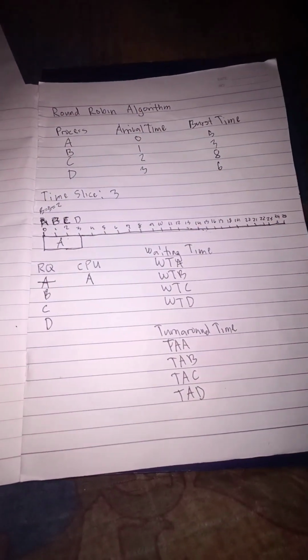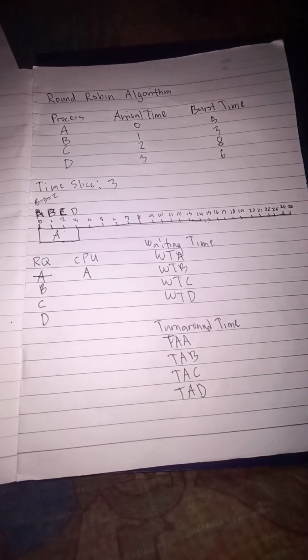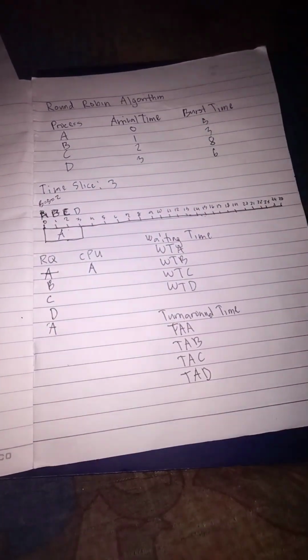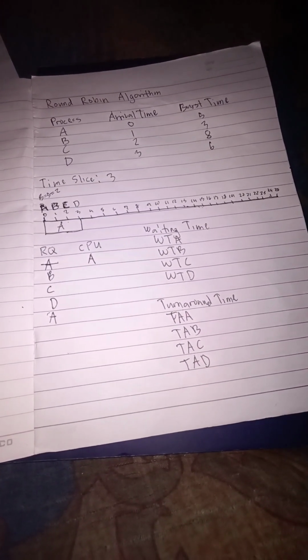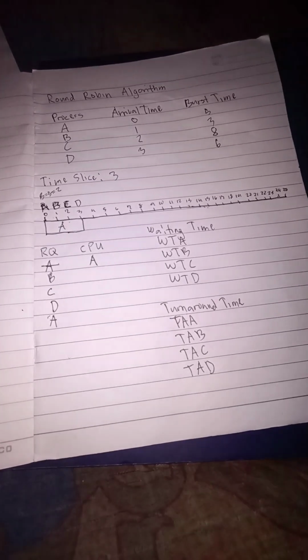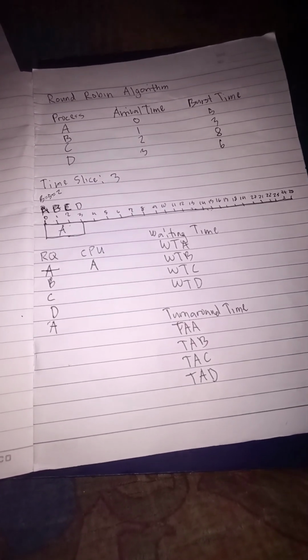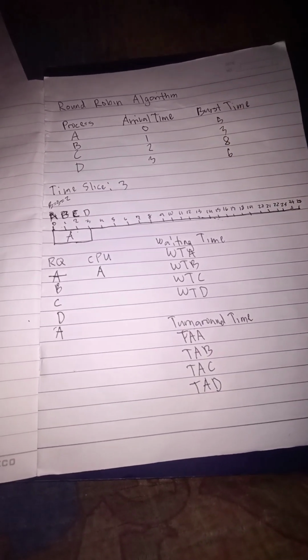But since there are two remaining burst time left, A will go back to the ready queue, after the process D, since D comes first before A.